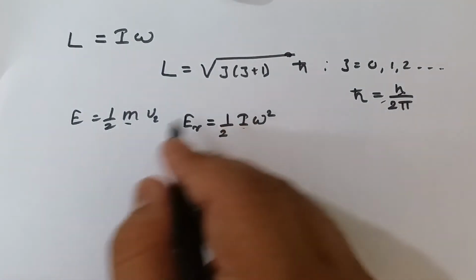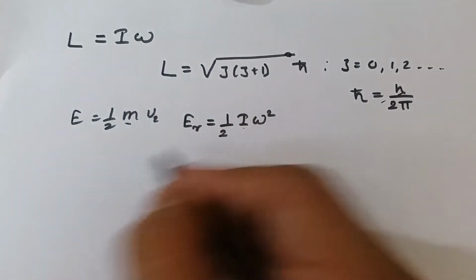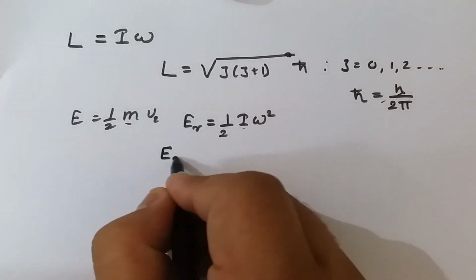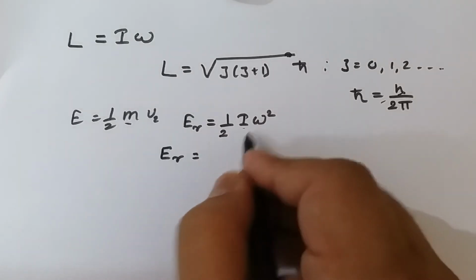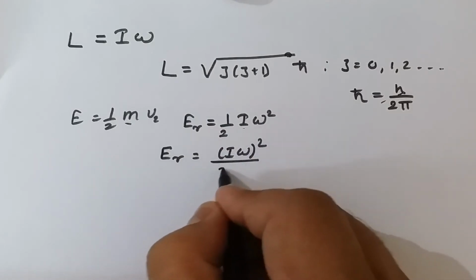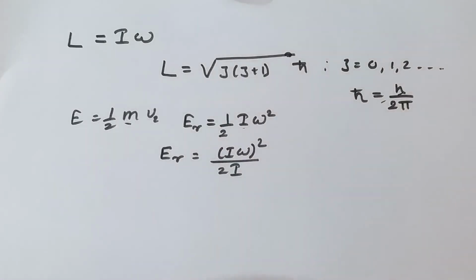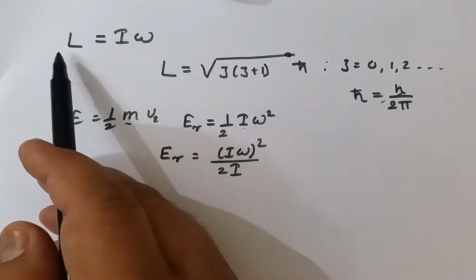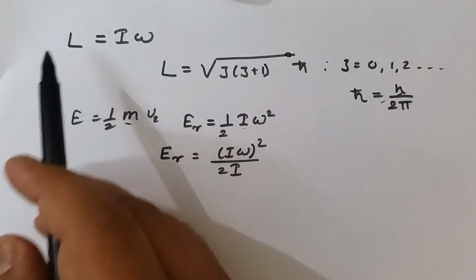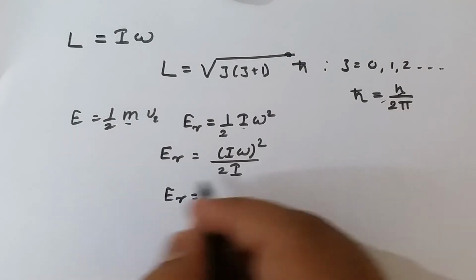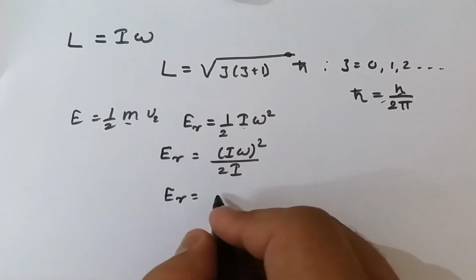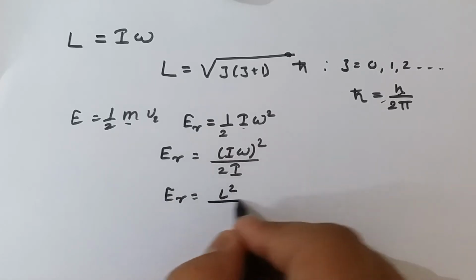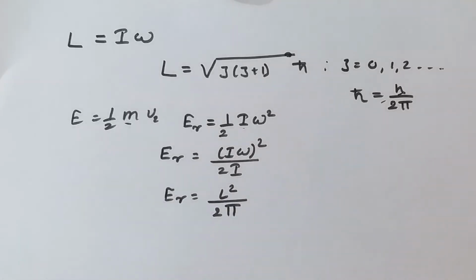Now we will simplify this representation a little. The value of ER I can write as I omega square upon 2I. Now I omega we know is equal to L, our angular momentum, so ER can be substituted as L square upon 2I.